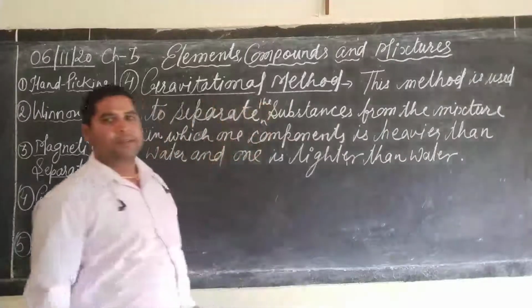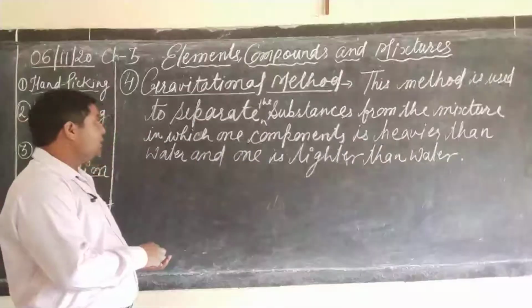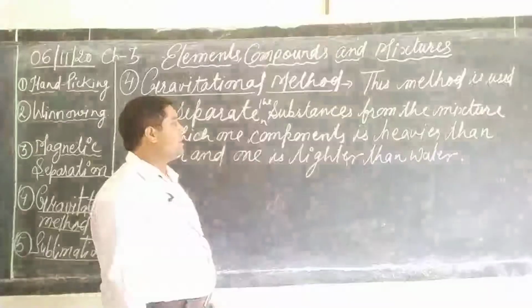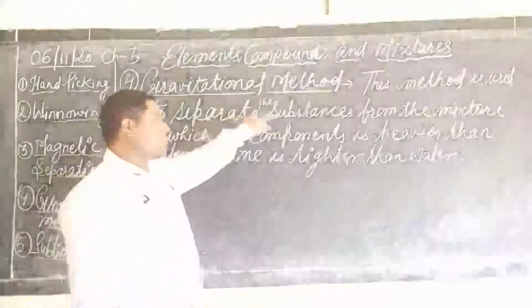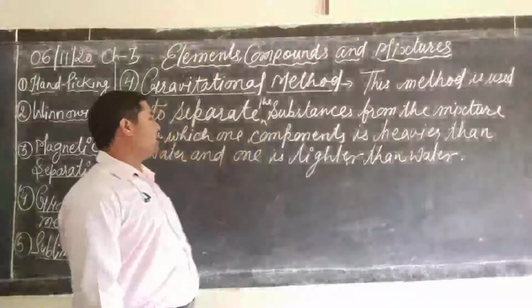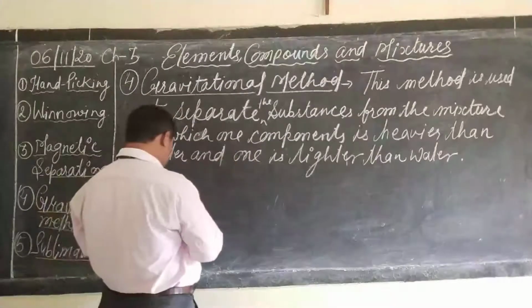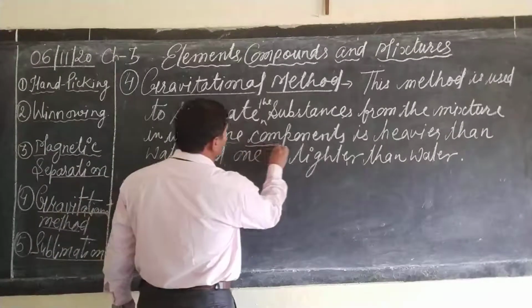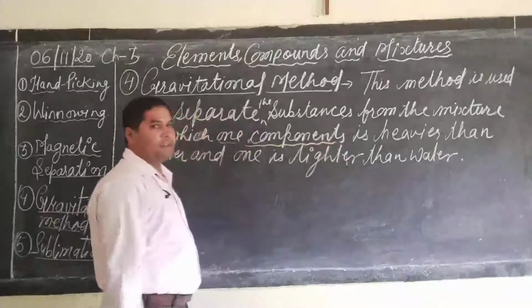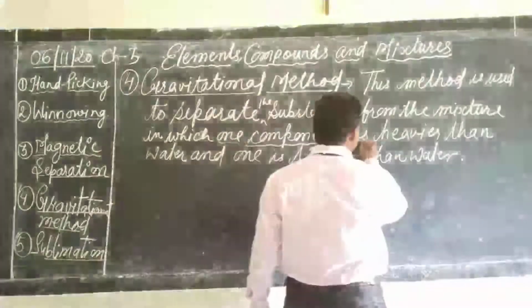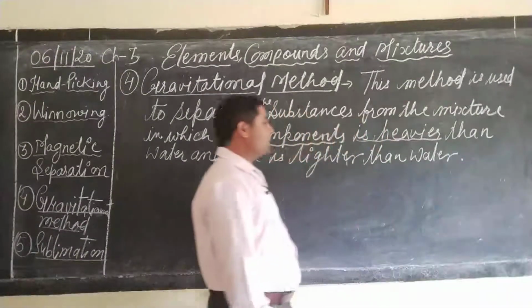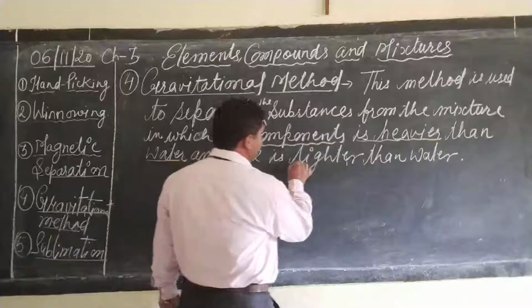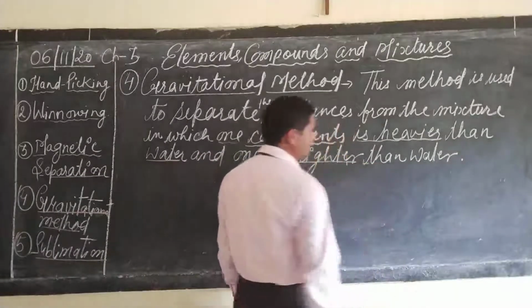Dear students, you see the gravitational method. The particular method is used to separate the substances from the mixture in which one component is heavier than the water and the other is lighter.